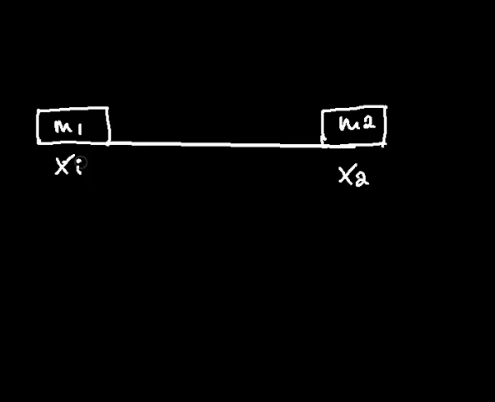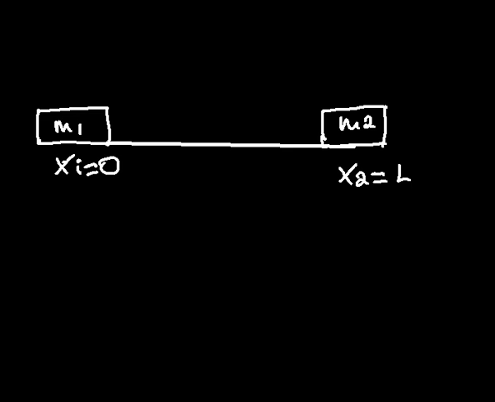Since this is the starting position, the object of mass 1 is at position 0. That is the starting point. And let's say the object of mass 2 is at a position given as L, where L is the length of the metal bar.